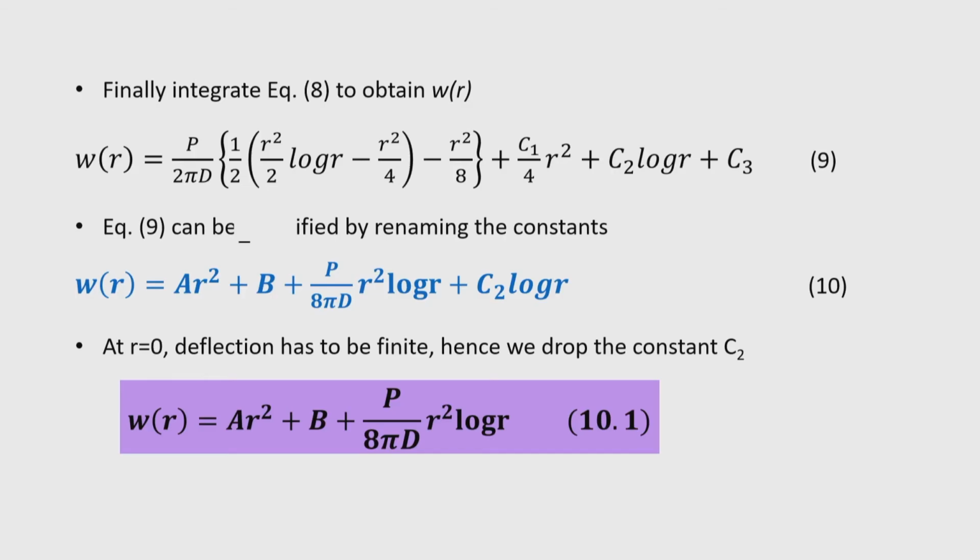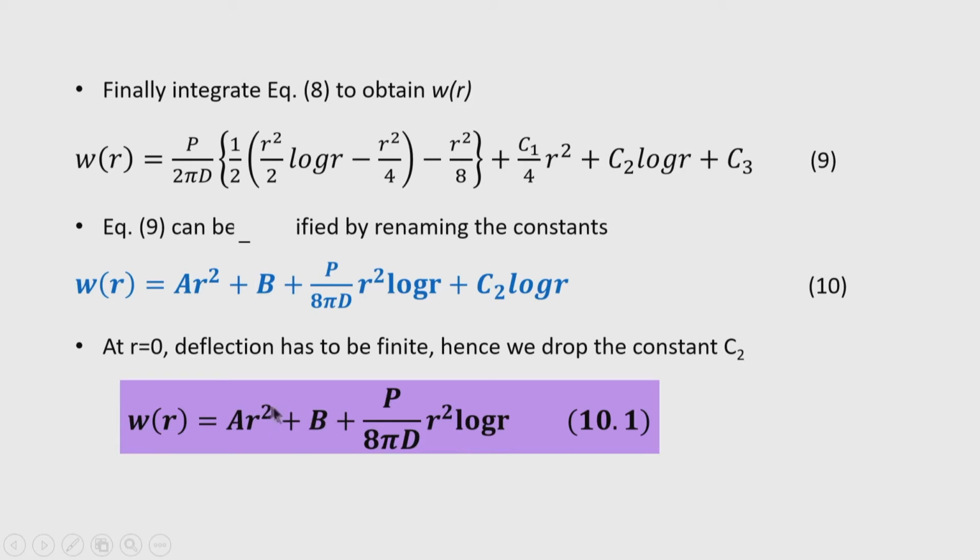But in the expression, if you put r equal to 0, then the deflection is not finite here, because the log r term is becoming unbounded, and this is r square. So, 0 multiplied by any high number will be 0. So, the C2 log r term will give trouble in the expression. Therefore, C2 must be zero, and the final expression for the deflection can be written as w(r) equal to A r square plus B plus P by 8 pi D r square log r.